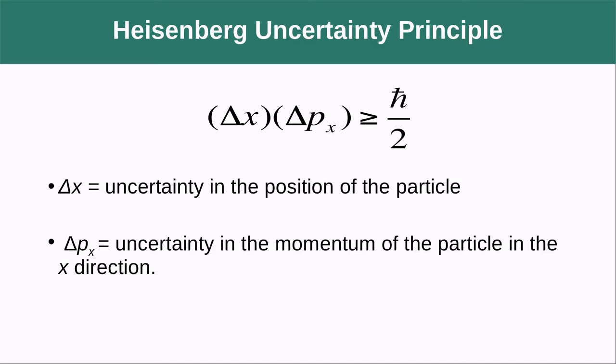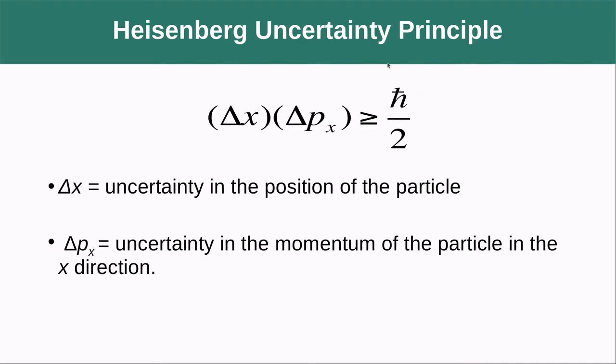We can see that written out mathematically here. If delta x is the uncertainty in the position and delta p is the uncertainty in the momentum, this product always has to be greater than or equal to h bar over 2, where h bar is Planck's constant divided by 2 pi.